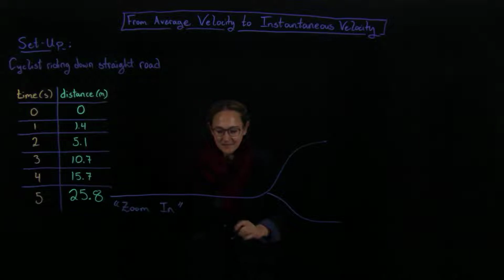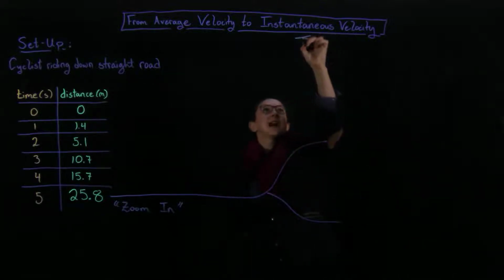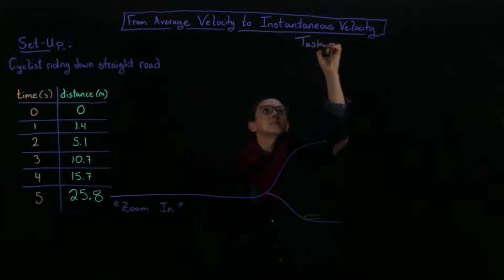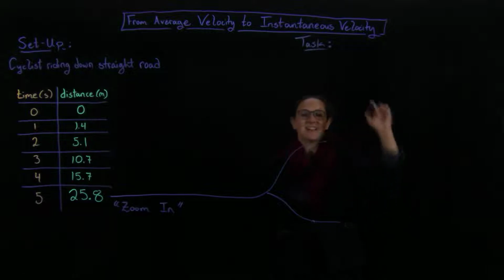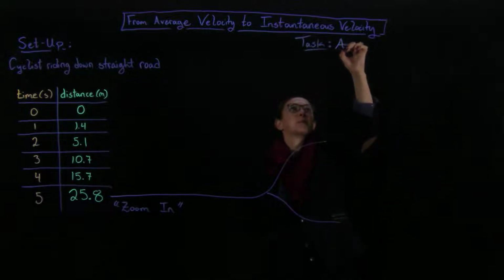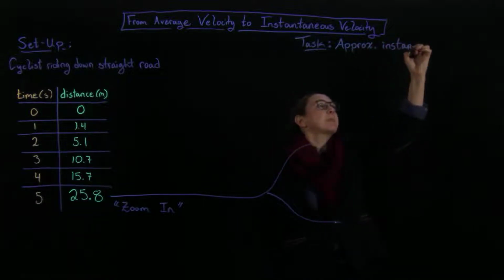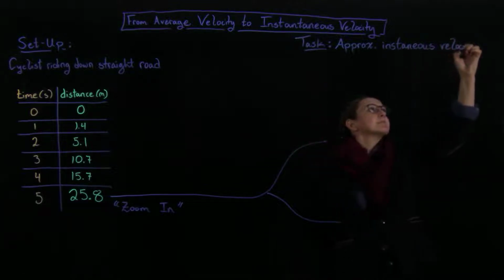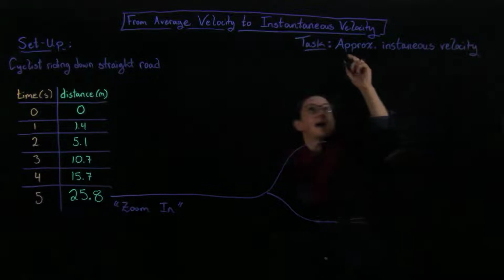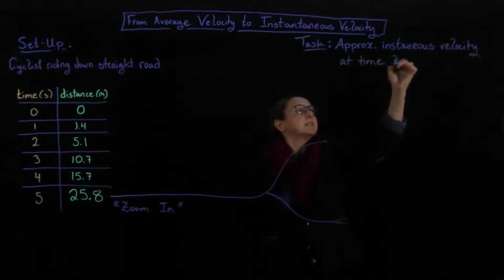Then I'm going to get a new chart because our task here is part 2. So what is our task? We want to approximate the instantaneous velocity at time t equals 5.